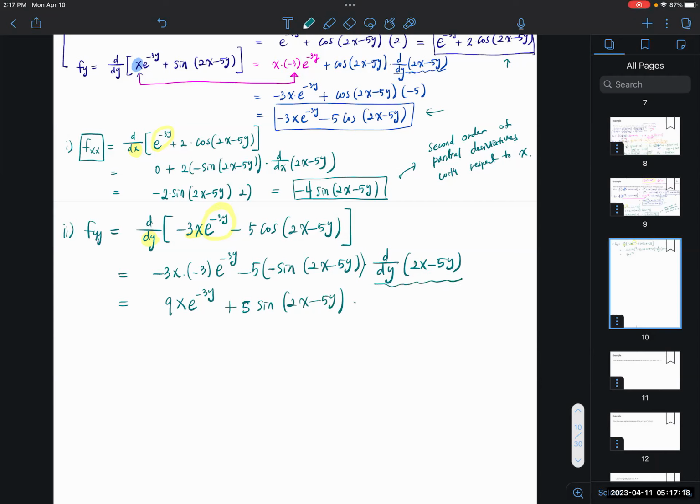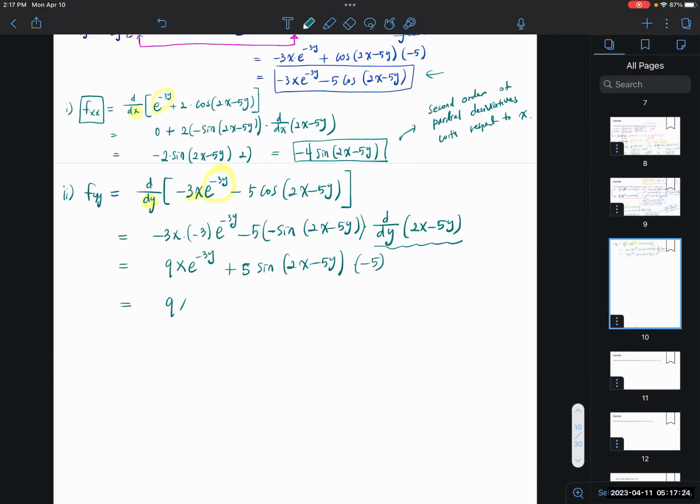And what happened here inside? This is a dy. We have only negative 5. All right, 9x e to the negative 3y minus 25, because 5 times negative 5, sine 2x minus 5y. Beautiful, we got it. This is the second order of the partial derivative with respect to y.